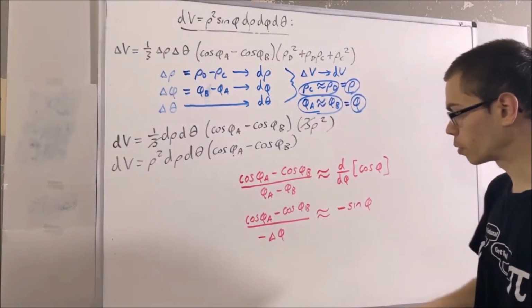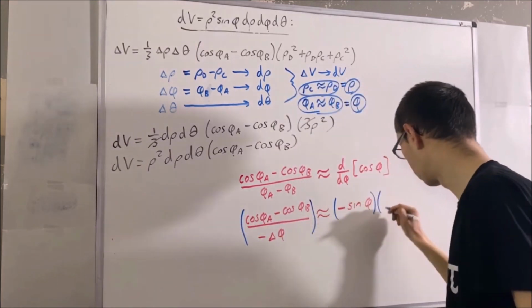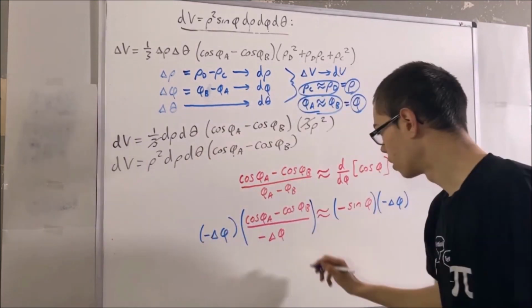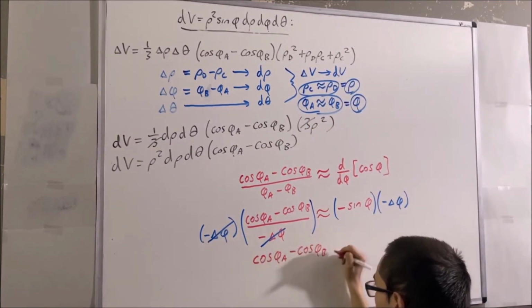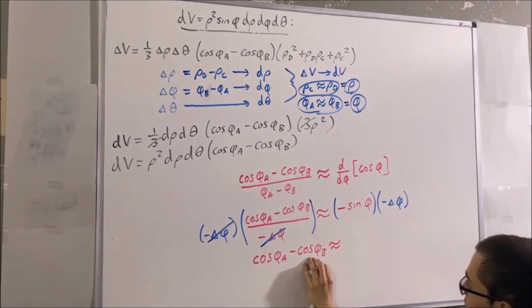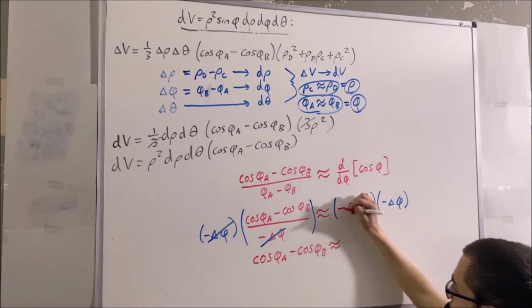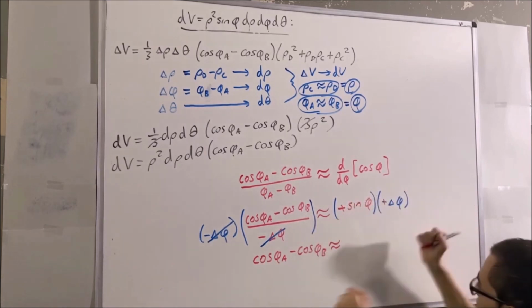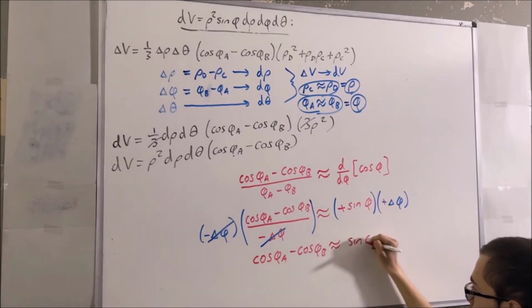Next, I'm going to multiply negative delta phi on both sides of the equation. As a result, these go away. You're left with cosine of phi a minus cosine of phi b is approximately equal to this times this. Well, the two negatives join forces to make a positive. Let's go, right? I love joining forces. And we get sine phi delta phi.